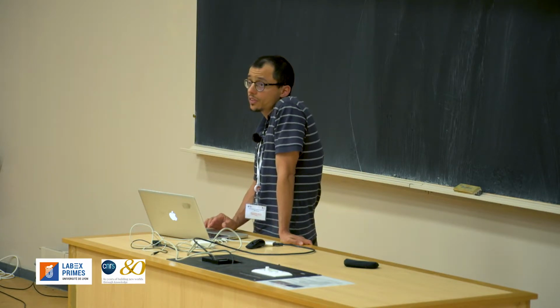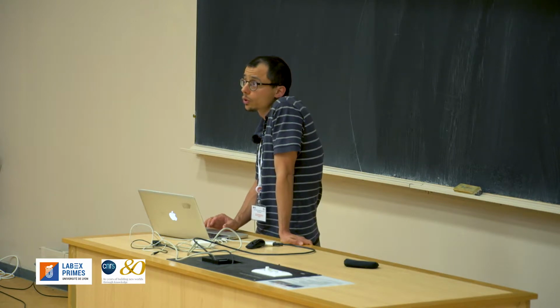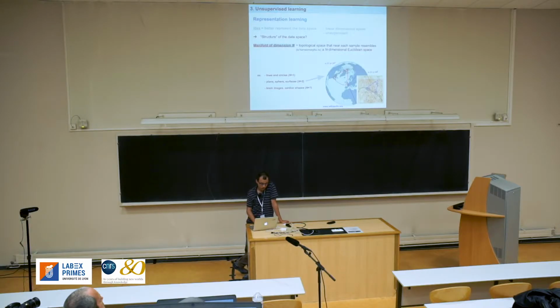So you may hypothesize that your data belongs to a specific nonlinear space, which is called a manifold. Manifold examples are, for example, the sphere, the Earth. It's basically a space, high dimensional or some dimensions, that's near each sample. So if I pick a point on the Earth, it resembles a Euclidean space.